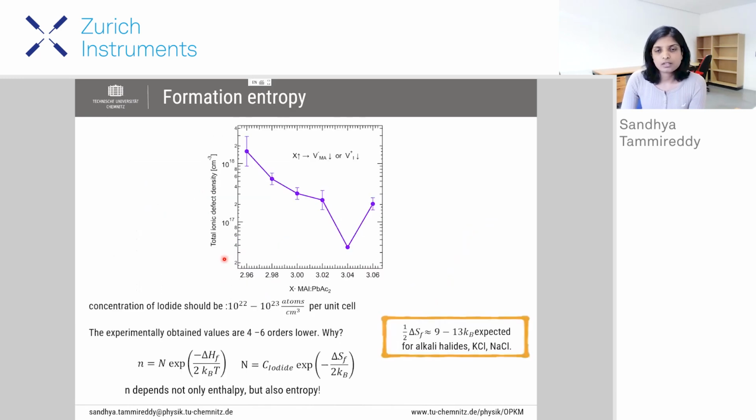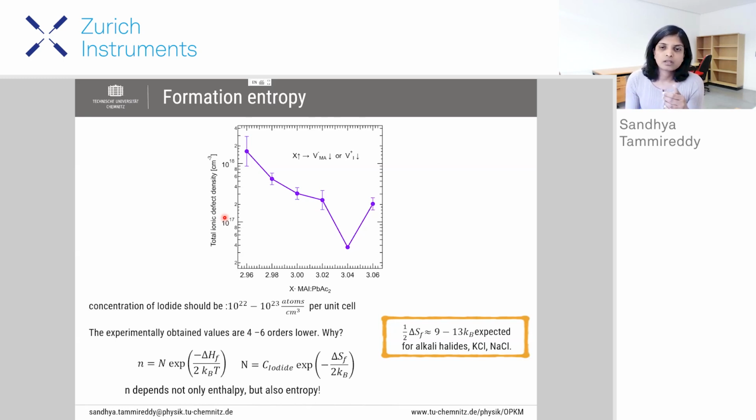And the next point that really bothered us a lot for a while was the order of magnitudes. So in a crystal, when you already know how many atoms you have and the volume of the unit cell, you can calculate theoretically how many atoms per centimeter cube you can have, right?